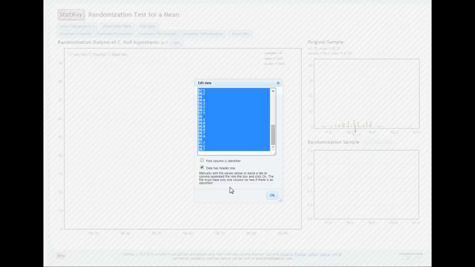Now, for this particular problem, because we're just kind of using it as a general example, I don't tell you all the numbers. So you actually cannot do the calculations in StatKey for a mean. For a proportion you could, because all you need is your successes out of your total. For the mean, you need the raw data, all the numbers, which we don't have, so you actually cannot do this calculation. So we're going to skip StatKey.